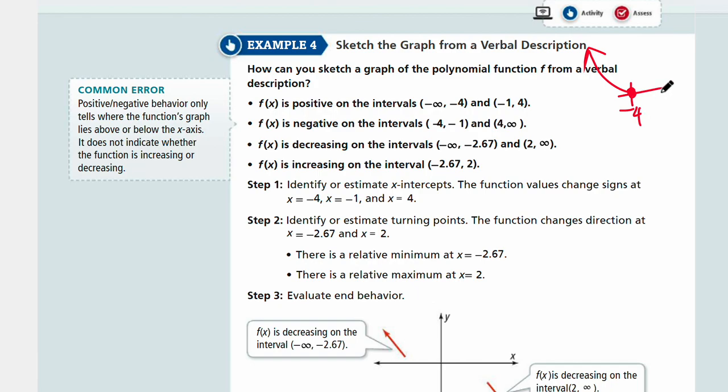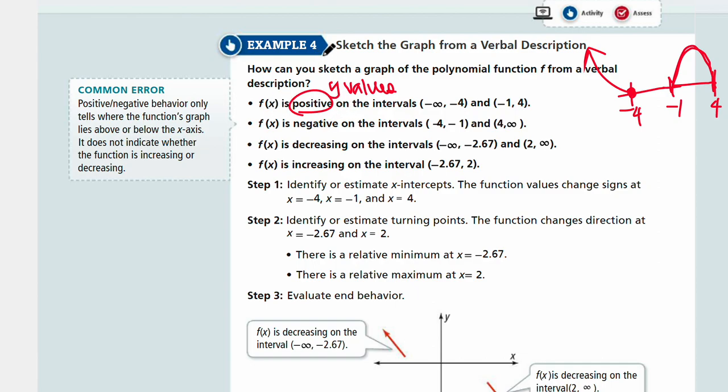And then from negative 1 to 4, it's going to be positive as well. So maybe it should come down at some point. It's going to go up and then come down, right? It doesn't say increasing or decreasing, it just says positive. This is when your y values are positive, because f of x is y, and that is positive.